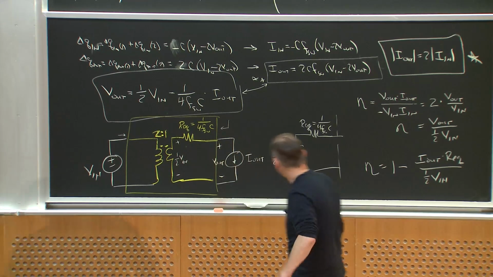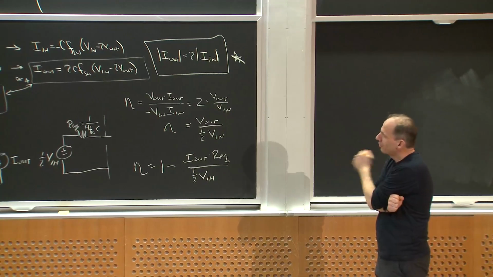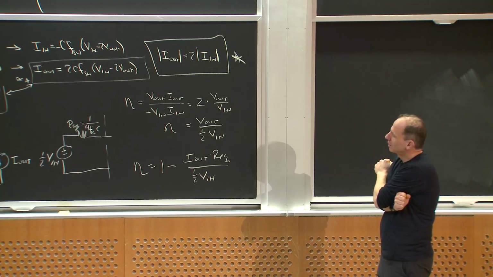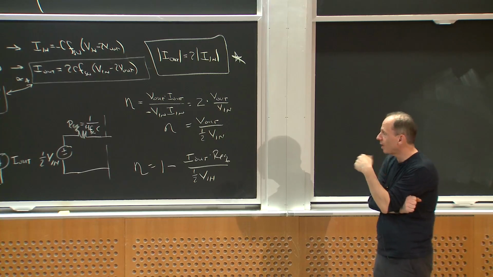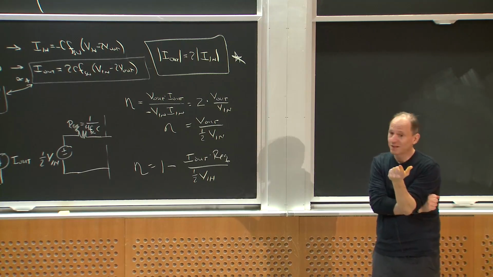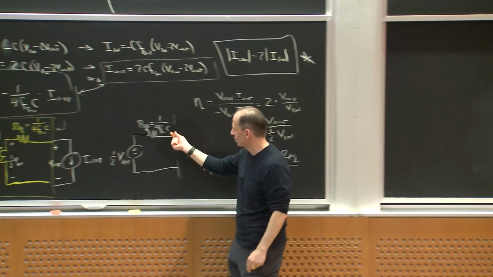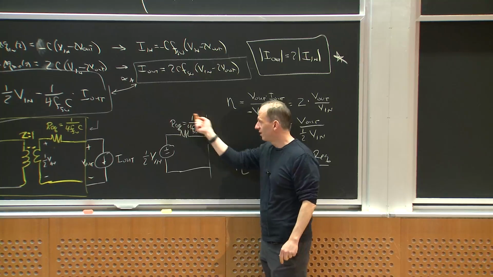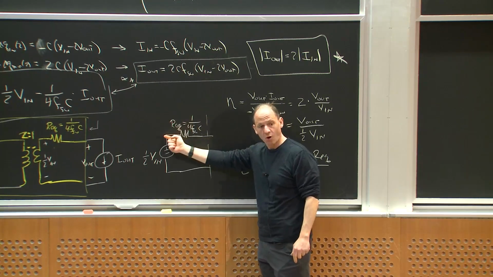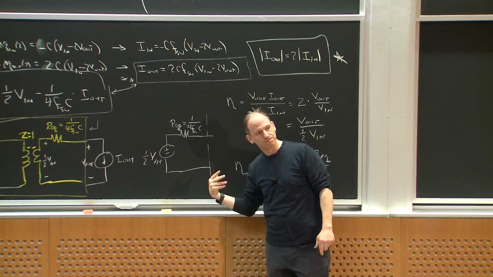So let's think about what other case I might consider. We said, okay, suppose I want to, and by the way, why do we like these converters? Because they can be hyper efficient. If I go buy a really big capacitor here, or I switch really fast, this equivalent resistance can be very small, and I can get an almost perfect 2-to-1 voltage conversion.